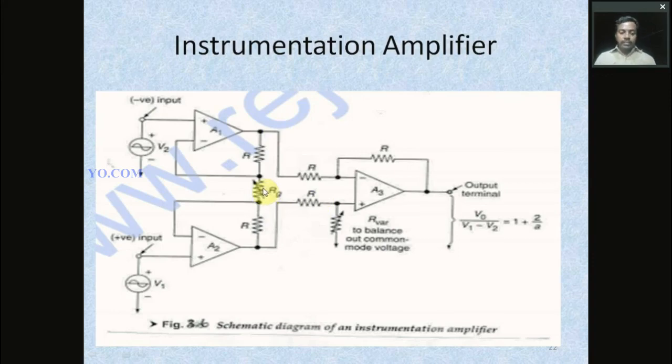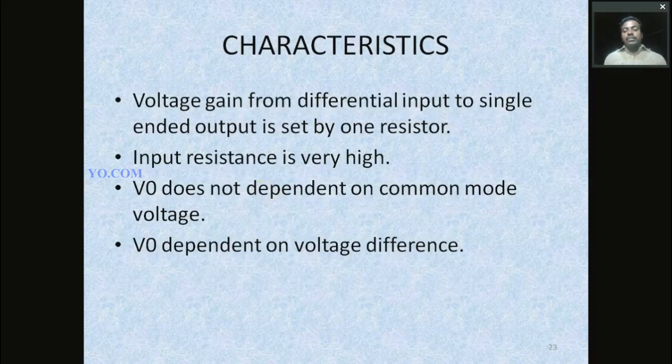By using a single resistor we can change the voltage gain. Input resistance is very high because we are using buffer amplifiers. V0 does not depend on common mode voltage. The output depends only on the difference in voltage. So that is a very good differential amplifier.